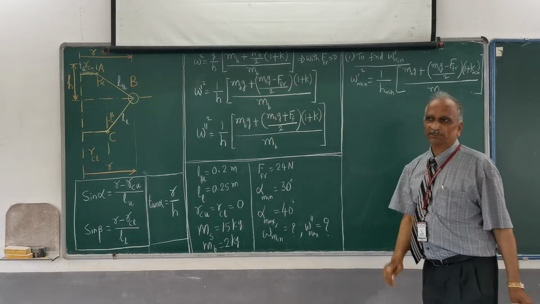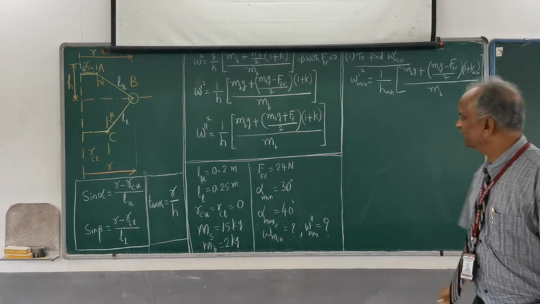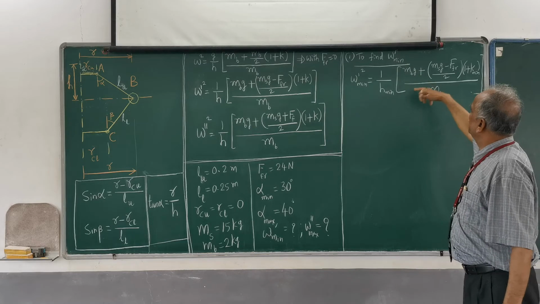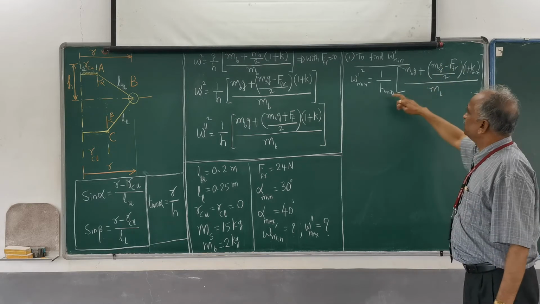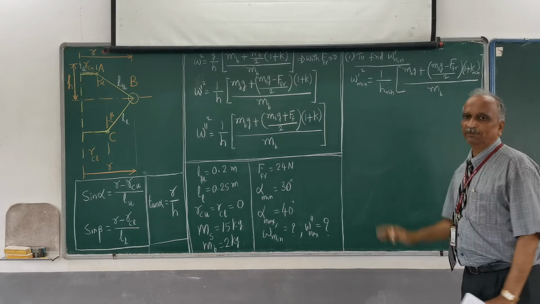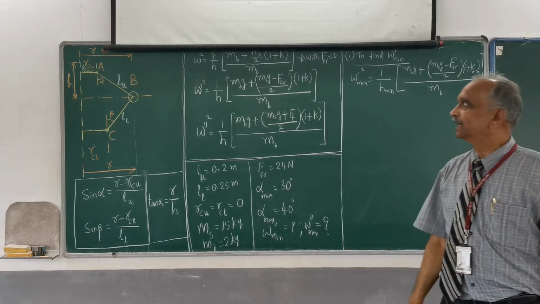Now go through this expression and find out what are the things you know. I know mb, g, ms, g, mb, ffr. So I need to find out only h minimum and k minimum.